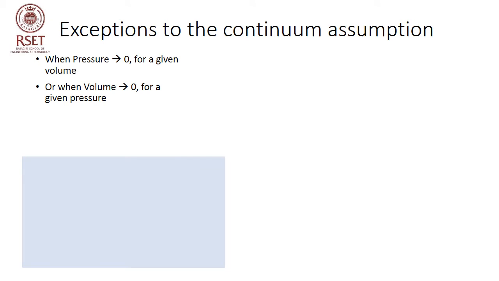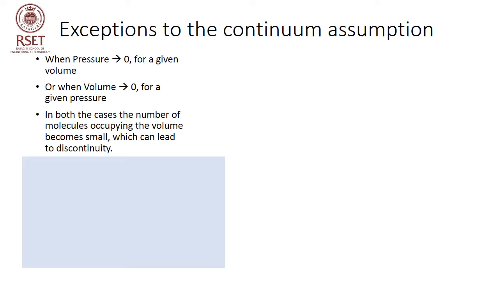We accept the continuum assumption when pressure tends to zero for a small volume, or just the reverse: if volume tends to zero at a particular pressure, then we cannot take the continuum concept. There the properties depend upon how individual molecules behave, so discontinuity exists.